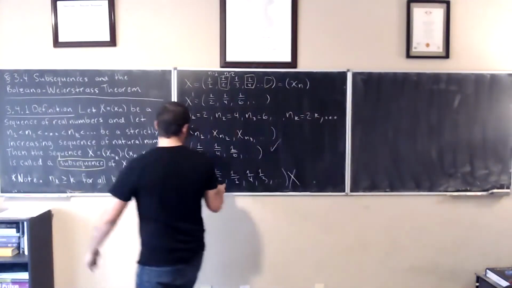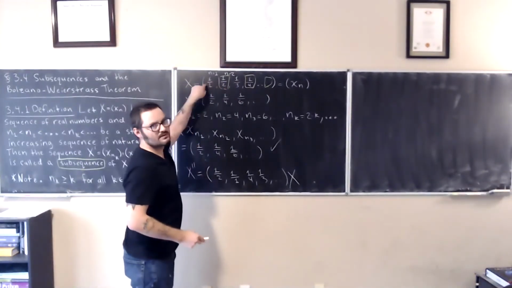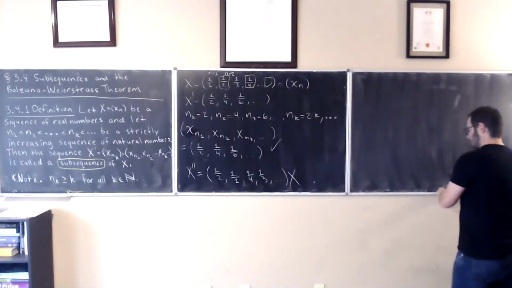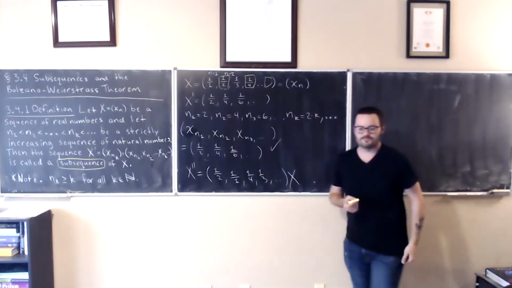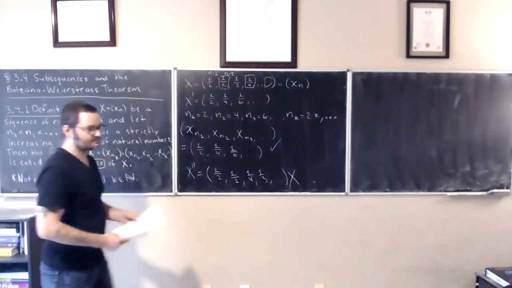Whereas if you looked at this one, you would bounce back and forth, and it wouldn't necessarily be a subsequence. Okay. So hopefully that makes a little bit of sense.